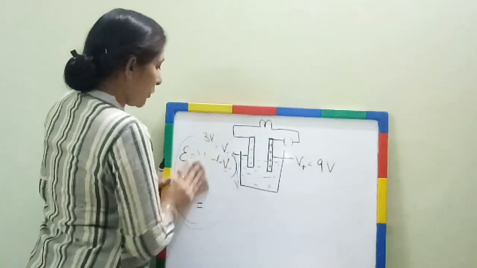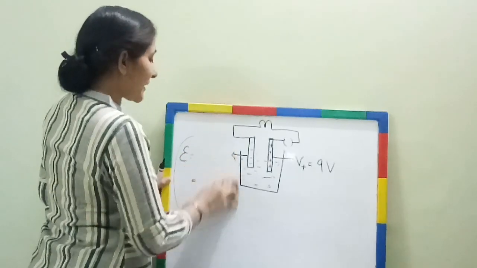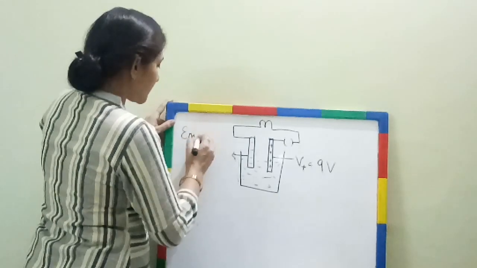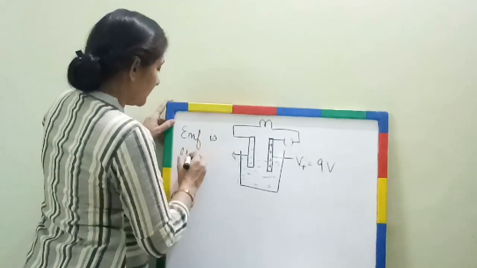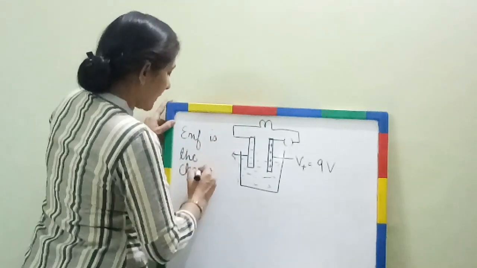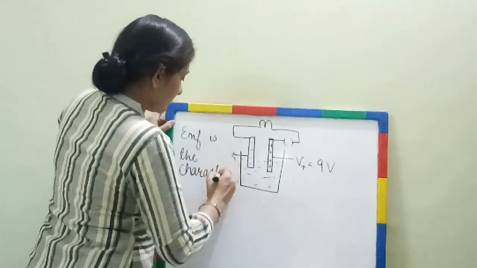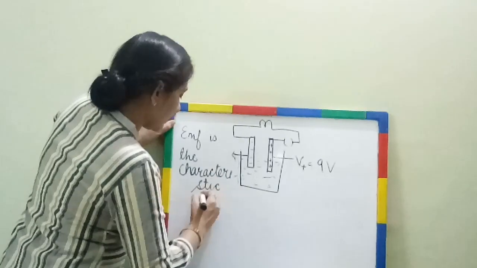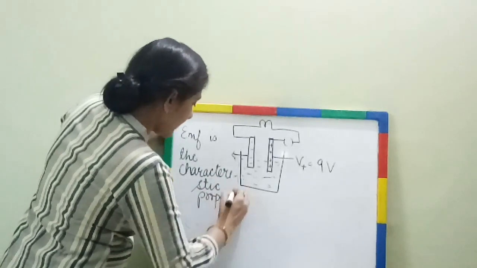Now one thing which you need to remember is EMF is the characteristic property of the cell. What is the meaning of this?